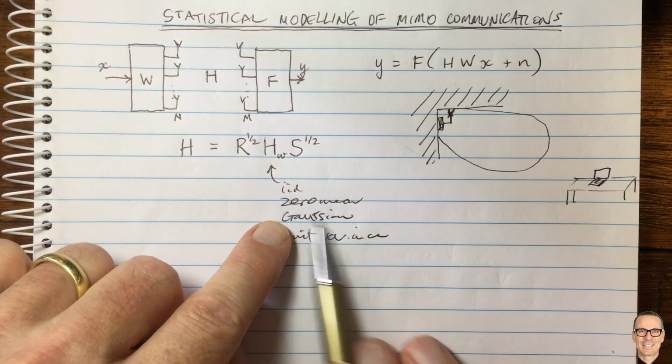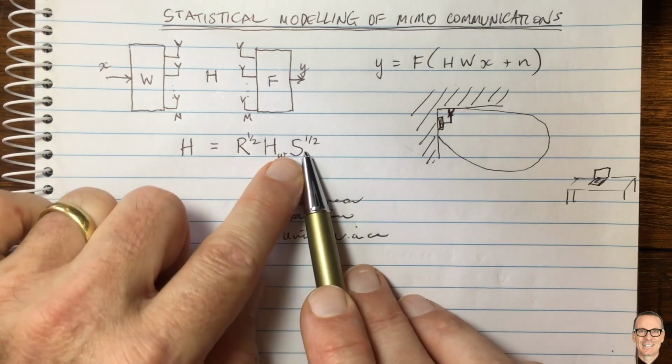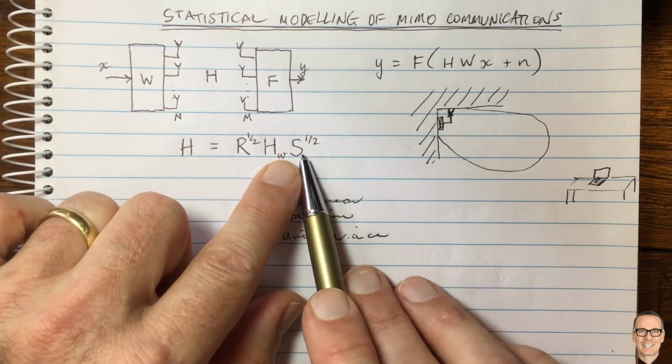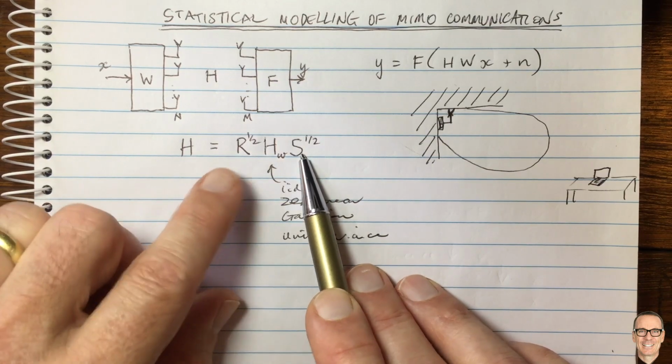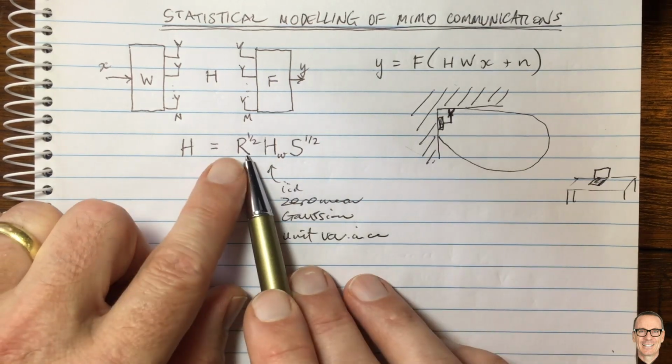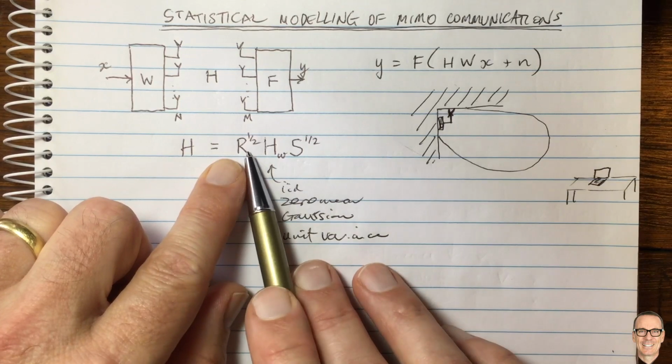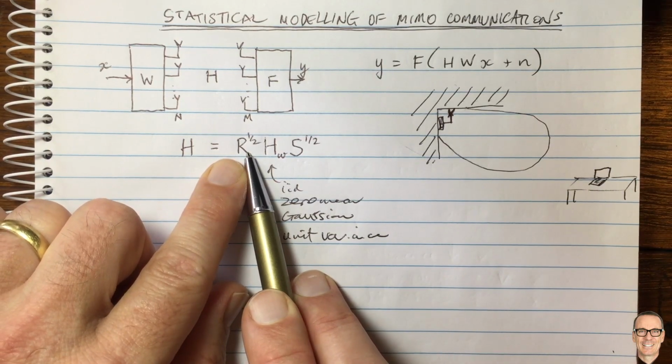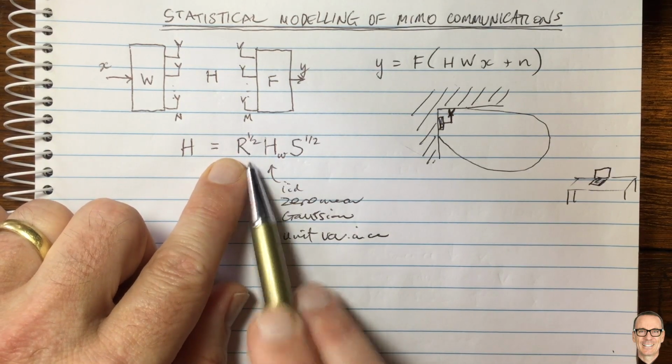They're still modelled as IID zero mean Gaussian, but the scatterers that are around the transmitter affect this matrix S, a correlation matrix around the transmitter, and the scatterers around the receiver affect this matrix R, the correlation matrix around the receiver.